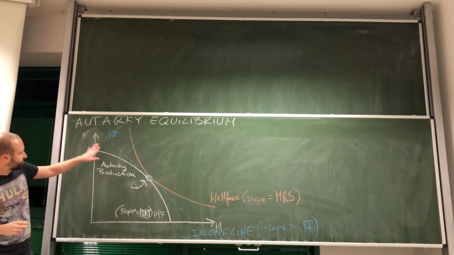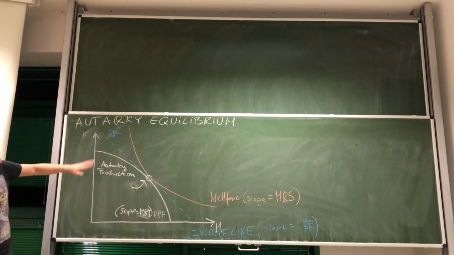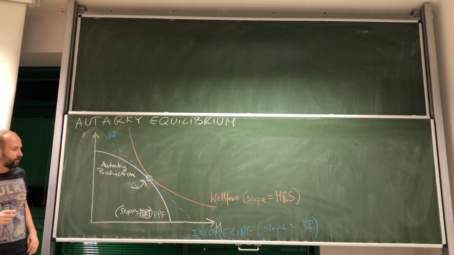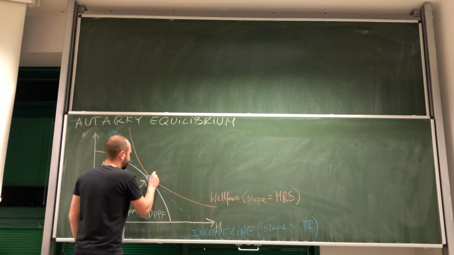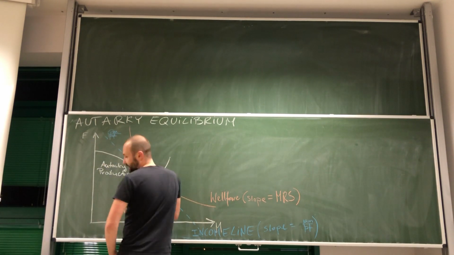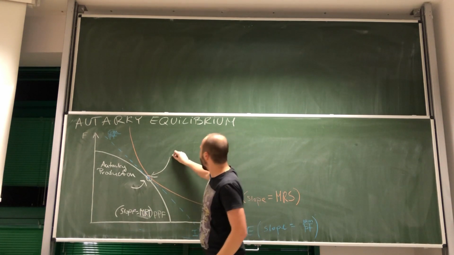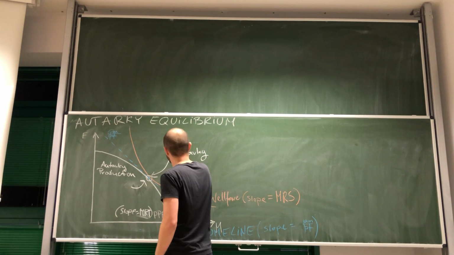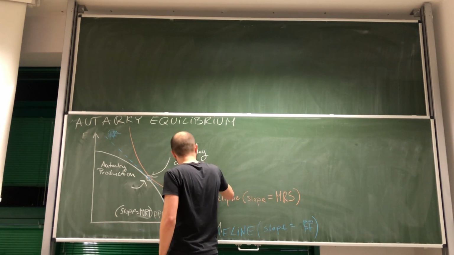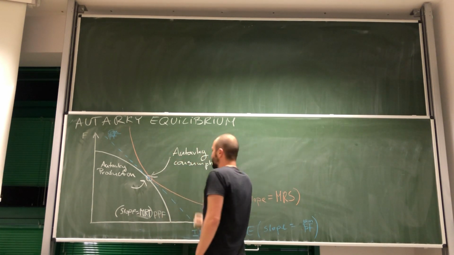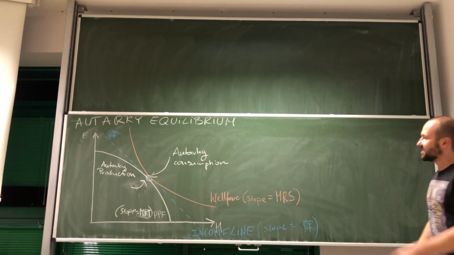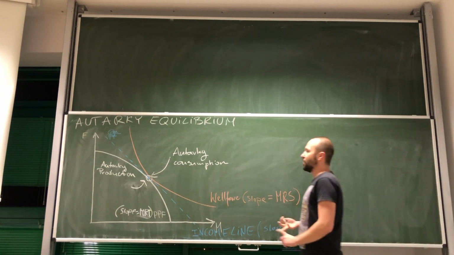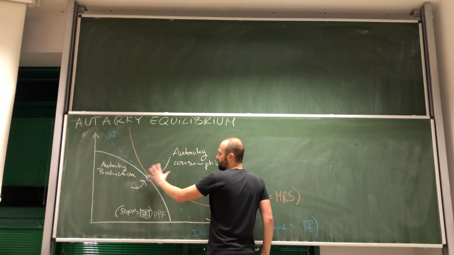But when we look at this point from the perspective of the welfare line, so from the indifference curve, we see that this is also autarky consumption. So we know that the same point is autarky production and autarky consumption. So we know that this point is our equilibrium.